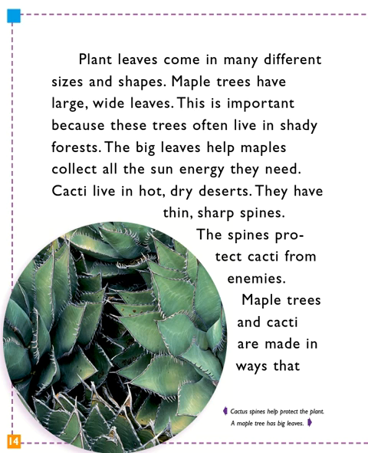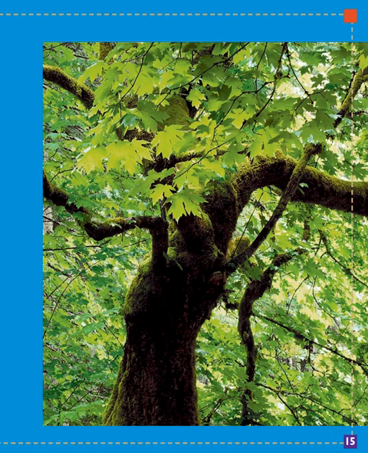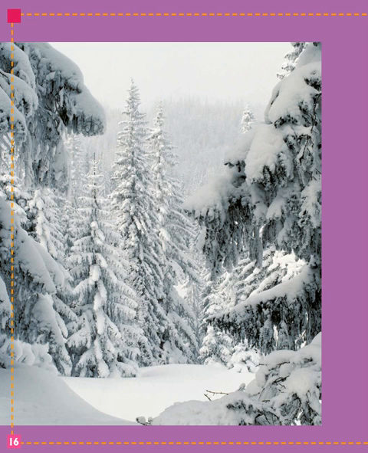Maple trees and cacti are made in ways that, oh, there's a picture of a maple tree with its big leaves. There is a pine tree with different kinds of leaves, right?